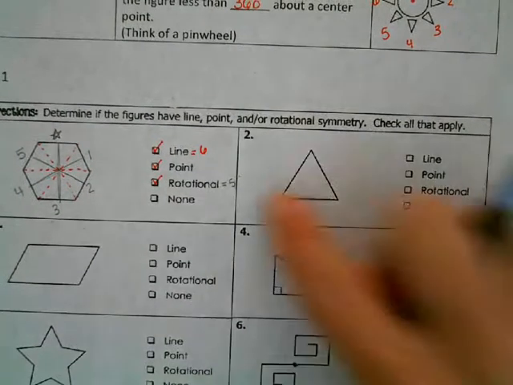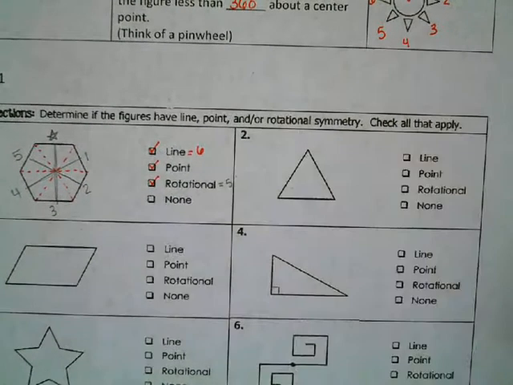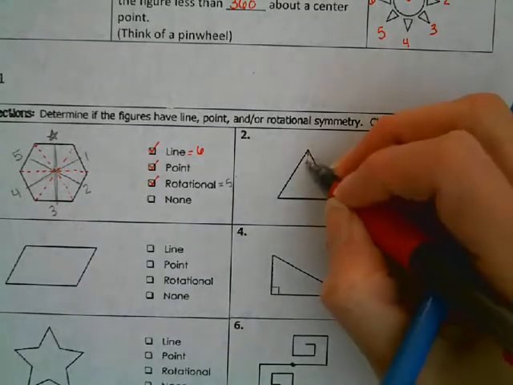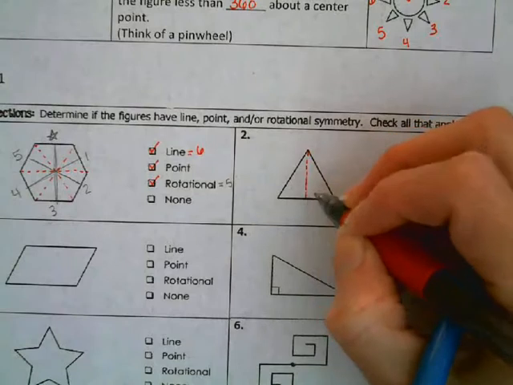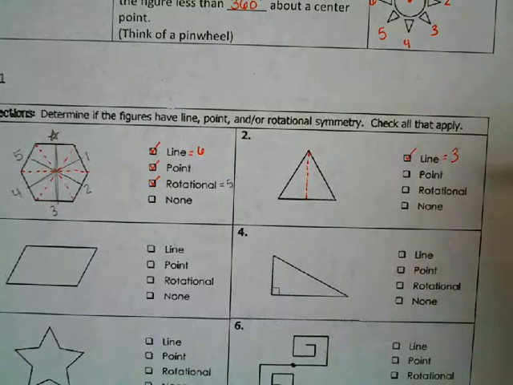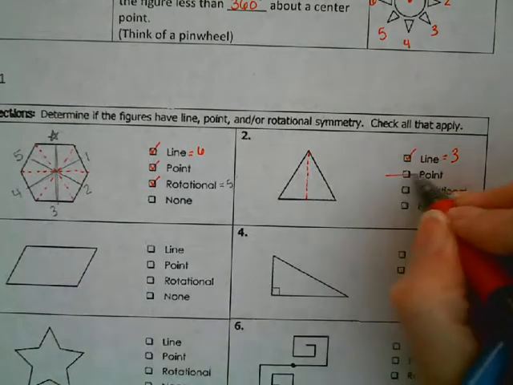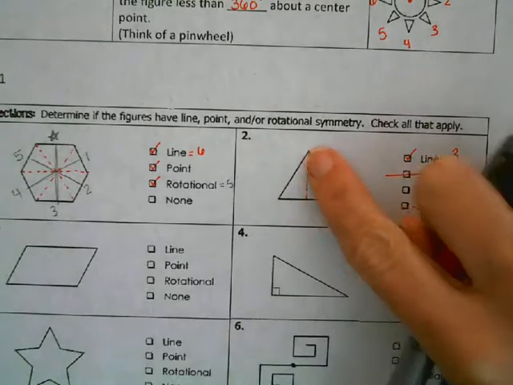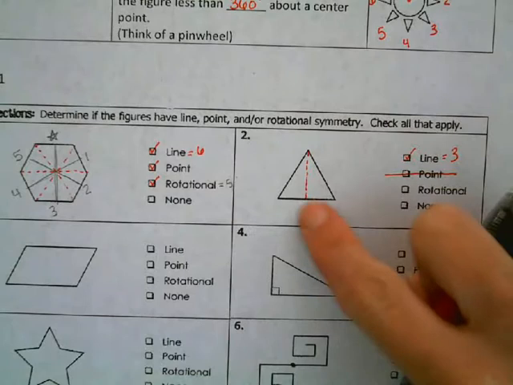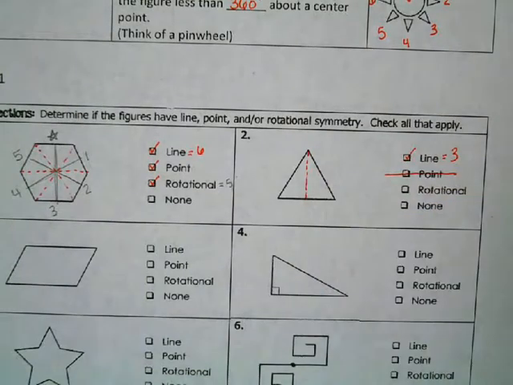This is an equilateral triangle, means all the sides are the same length. Line symmetry, yes, it has line symmetry. You could draw a line either from a point to a side. There are 3 lines of symmetry in this one. Point symmetry, this one does not have. If you rotate this 180 degrees, the flat part would be at the top and the pointy part would be at the bottom.